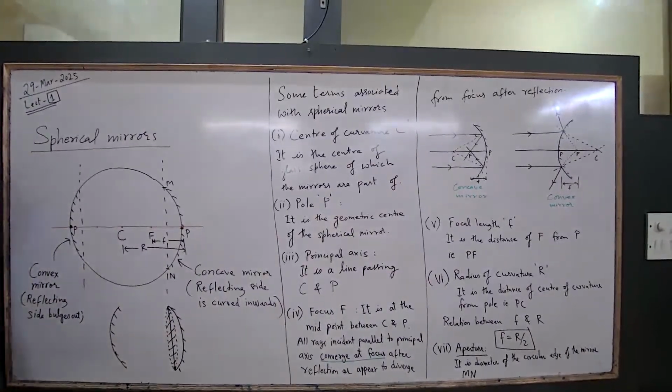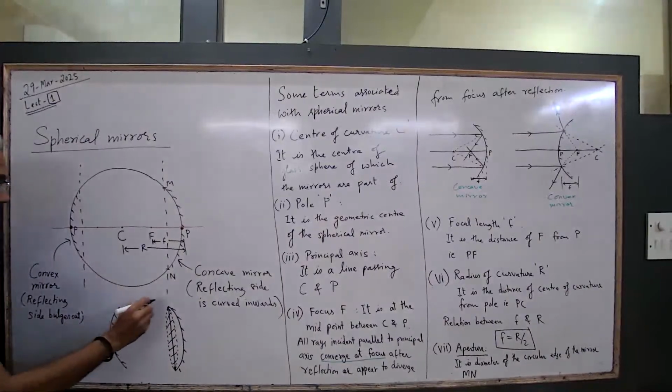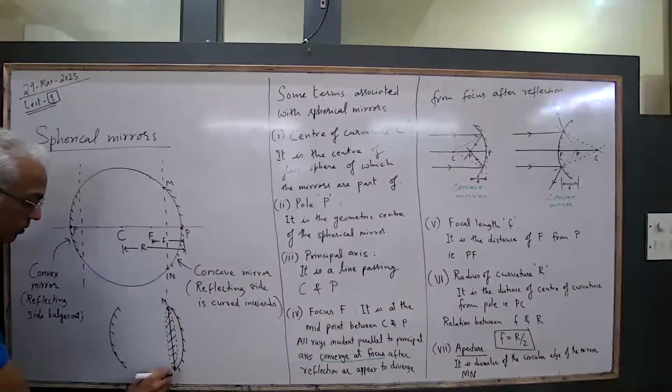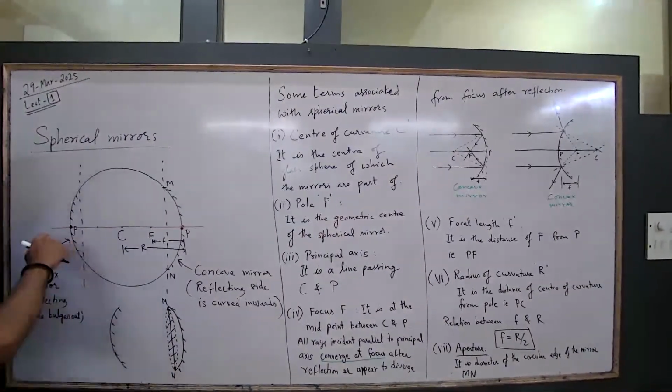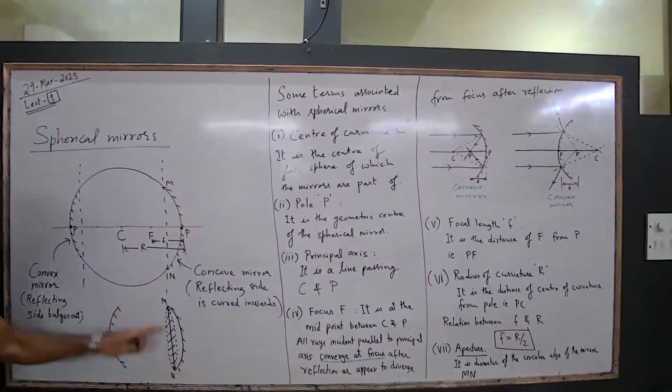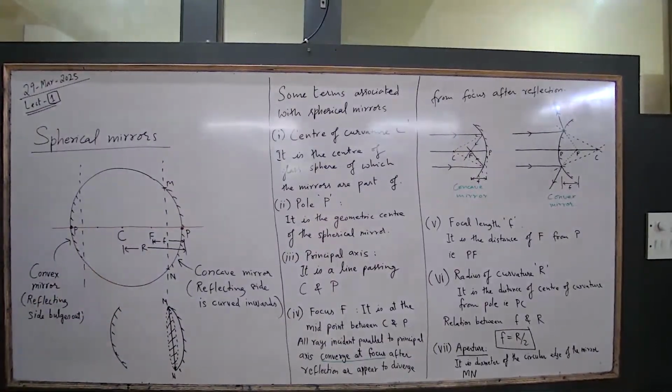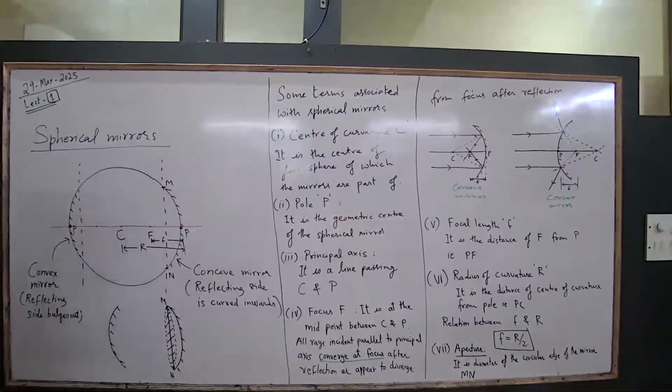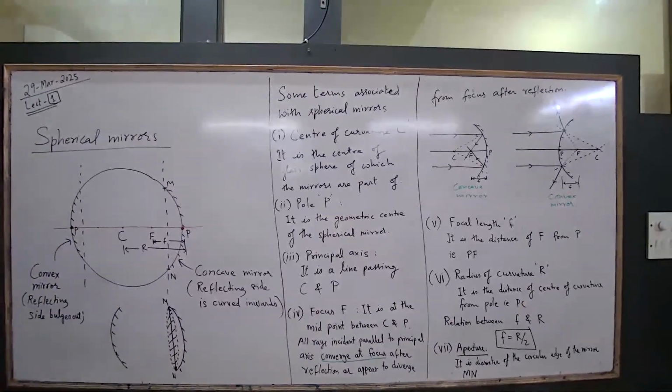So that is MN. It is not the diameter of the sphere. It is the diameter of the edge of the mirror. Okay? So this is all about the terminologies related to mirrors.